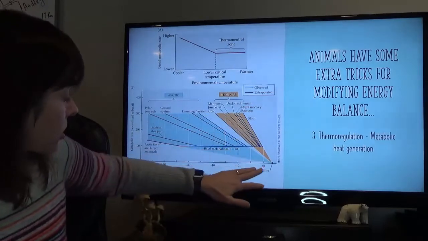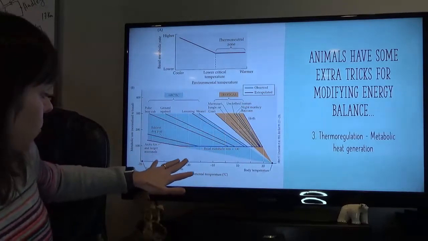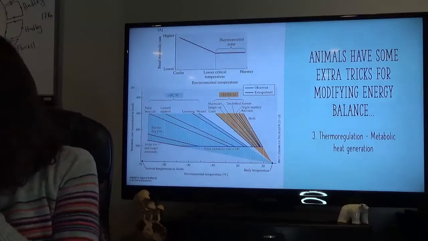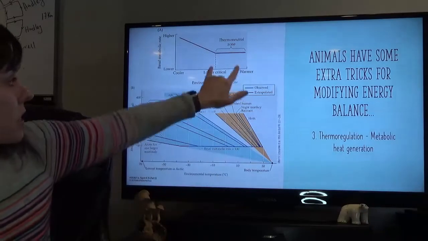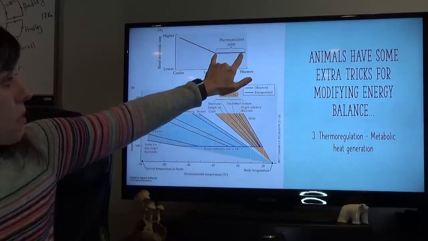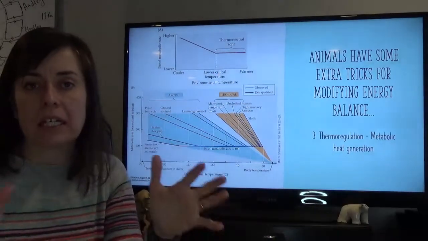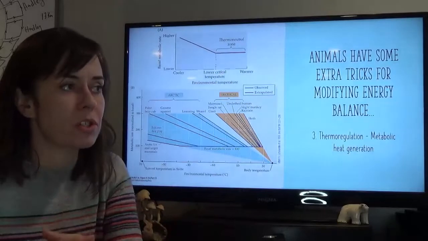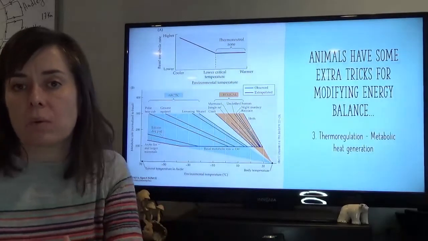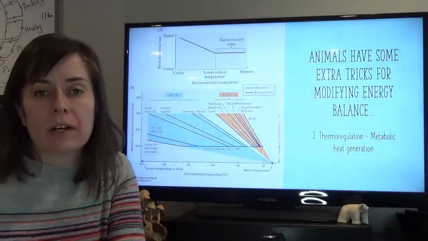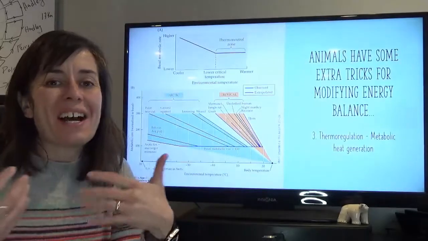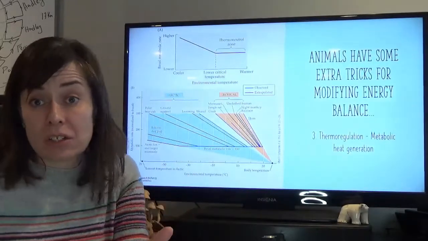And so we can think about this for different organisms. When we're in this thermoneutral zone, small behavioral modifications can help to maintain the body at its appropriate temperature. So, for example, moving into a warmer area, moving into the sunshine, moving from the sunshine into the shade.